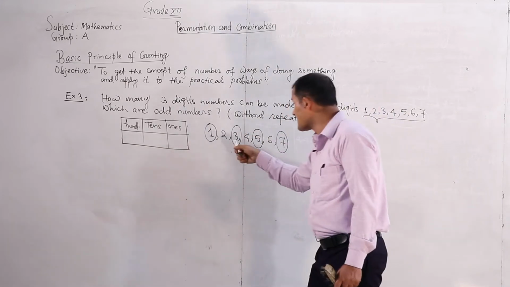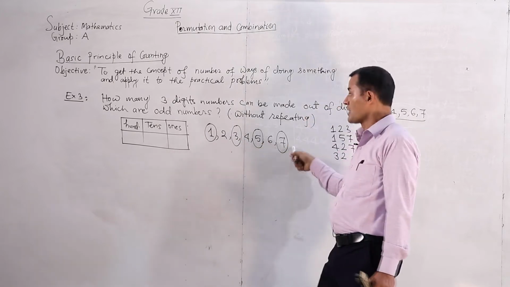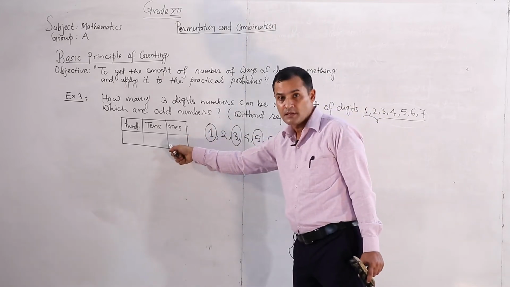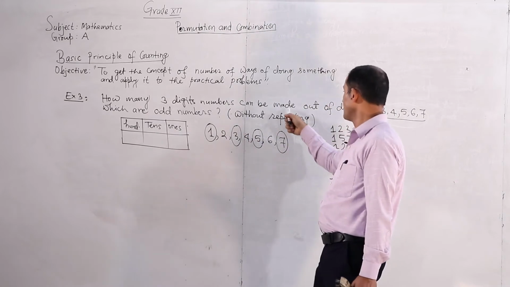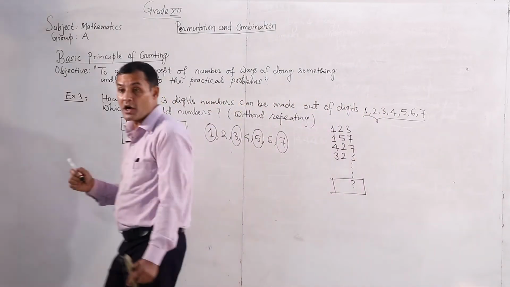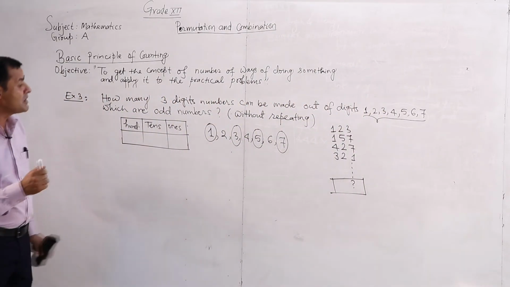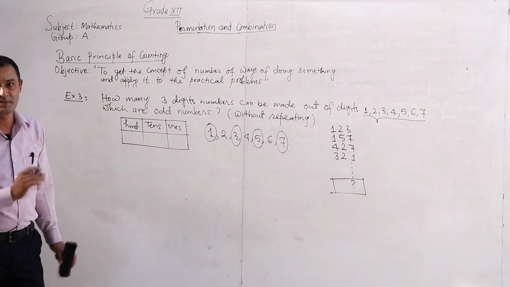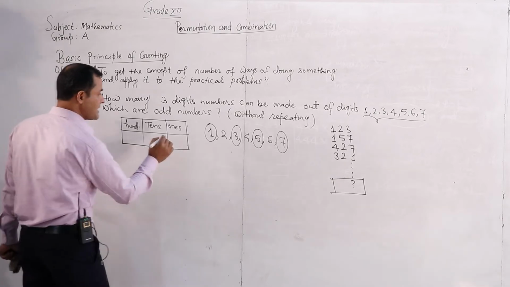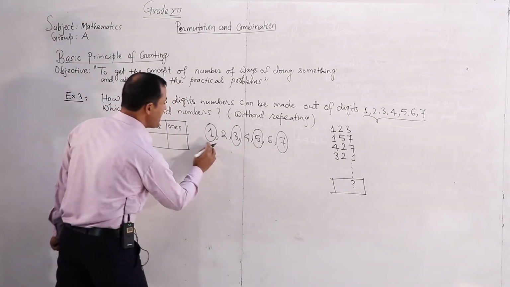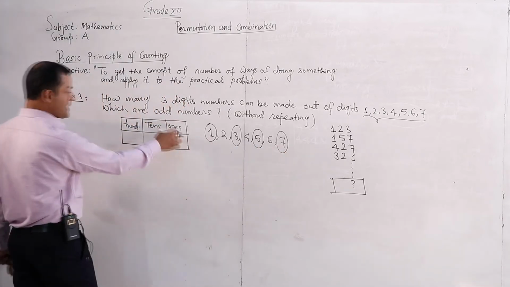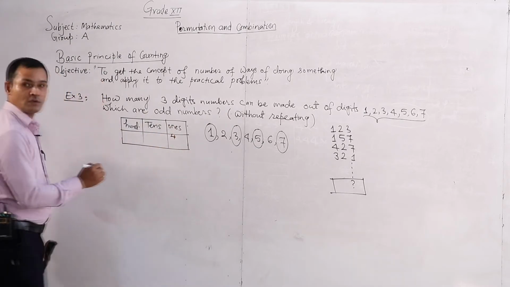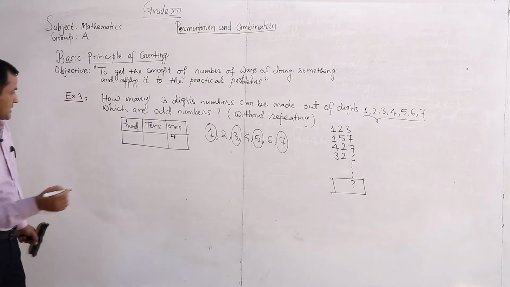If we place any one of these 4 odd digits in the unit place, we can make a 3-digit odd number. So we have 4 choices for the ones place: 1, 2, 3, 4. Any one of these can be placed here.